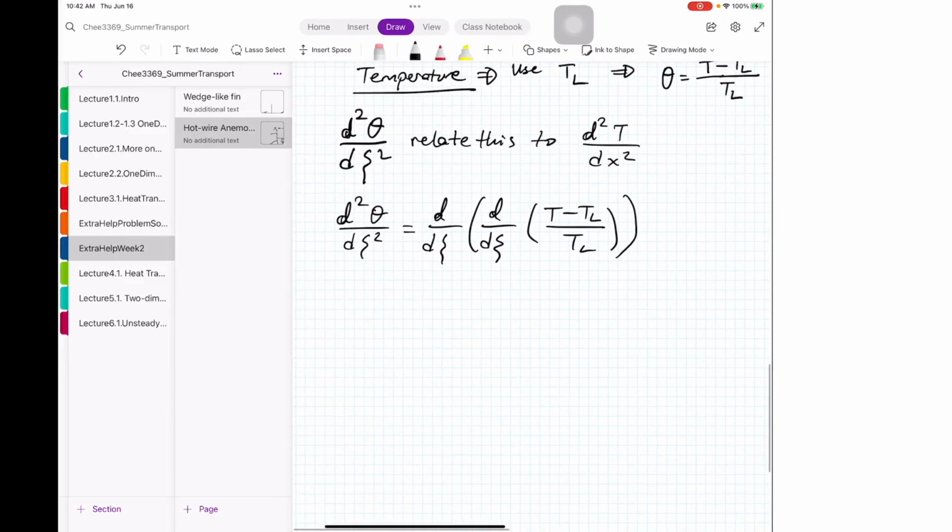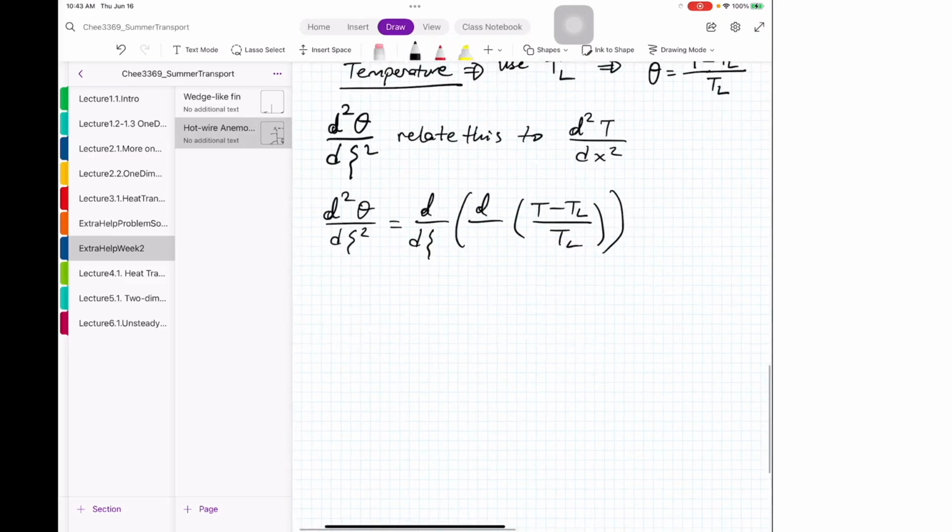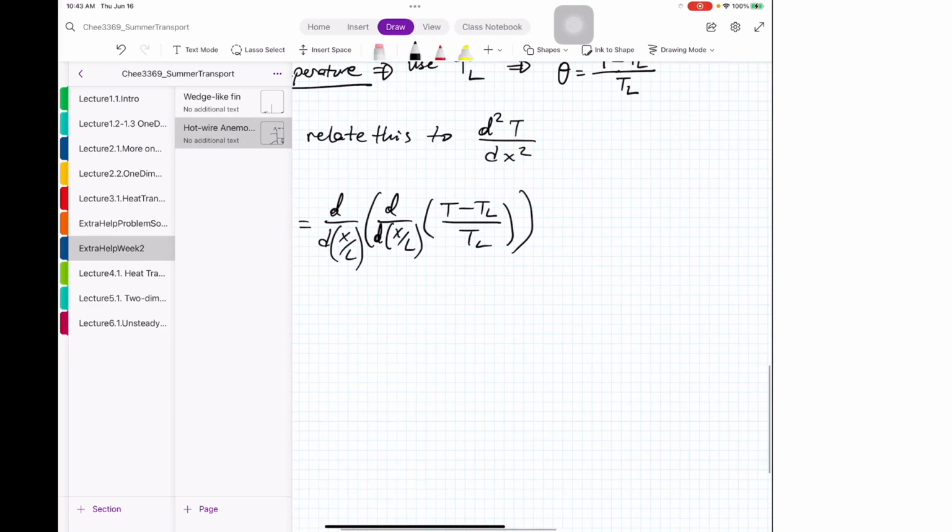And instead of d psi, since psi is x over L, it's going to be d x over L. Again, similarly here. And from here, these L's, you can make it upside down and put it here. That's going to be L squared.